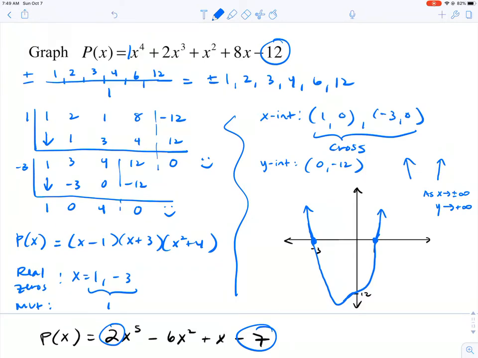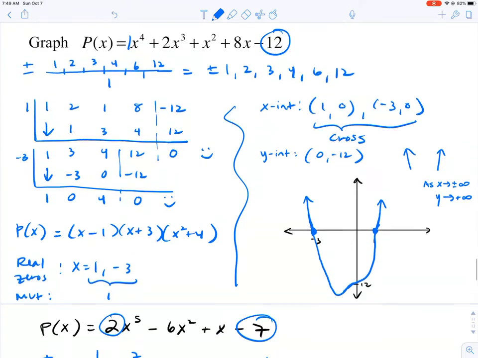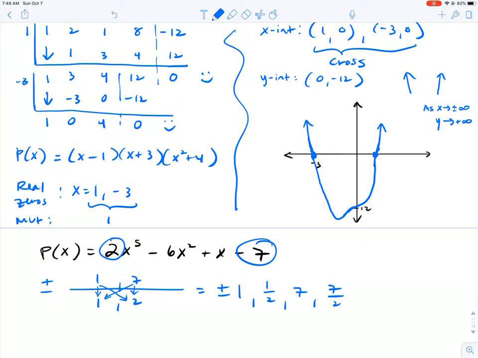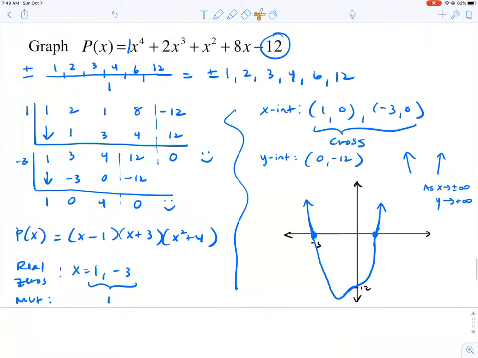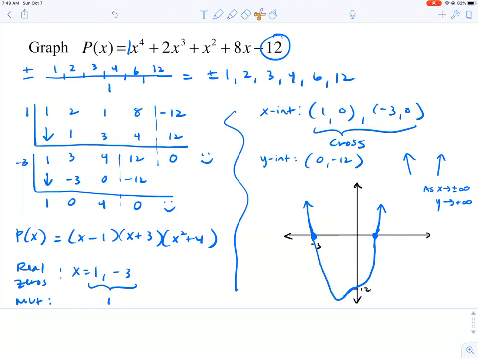Once you have calculus, so next year, you guys will be able to determine where the highs and lows of the graphs are, and where the graph changes from concave up to concave down. So you'll just be able to get a more accurate picture of the graph.